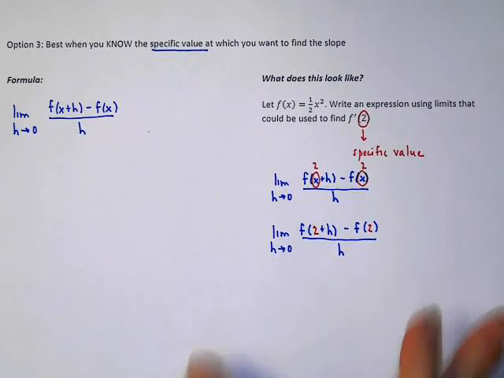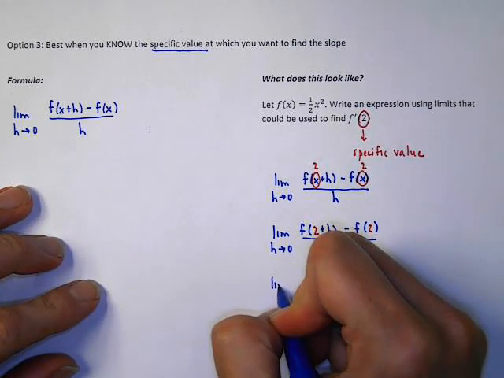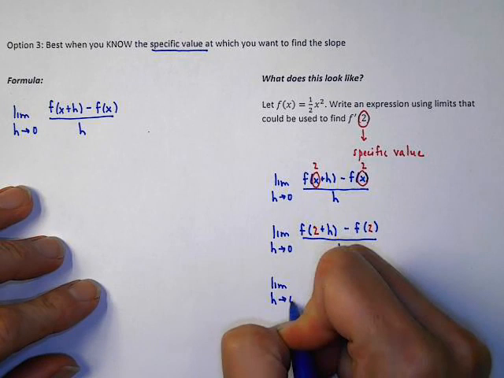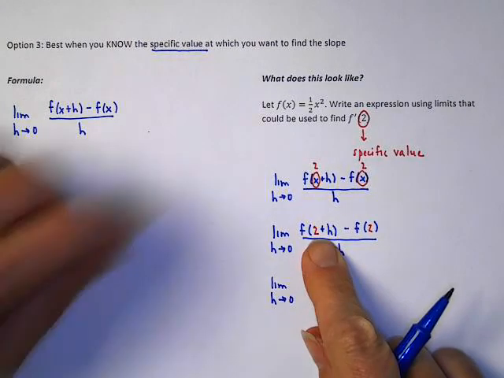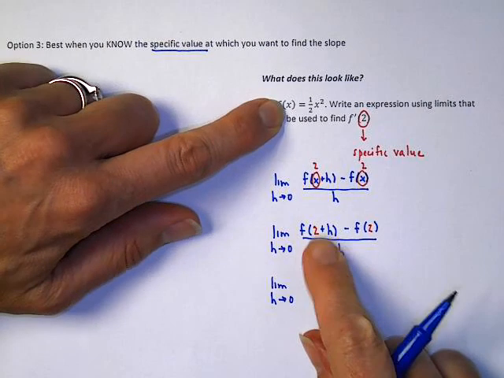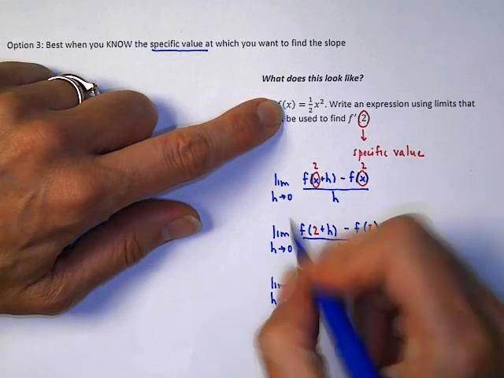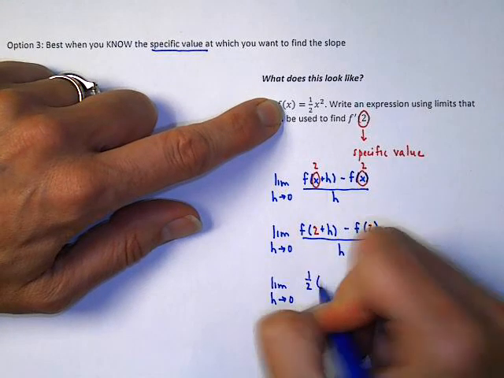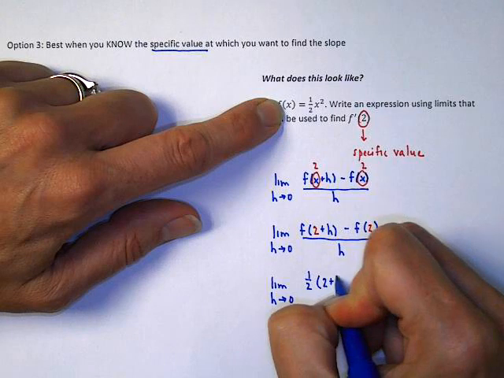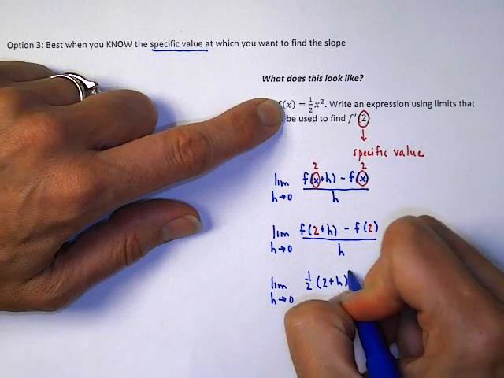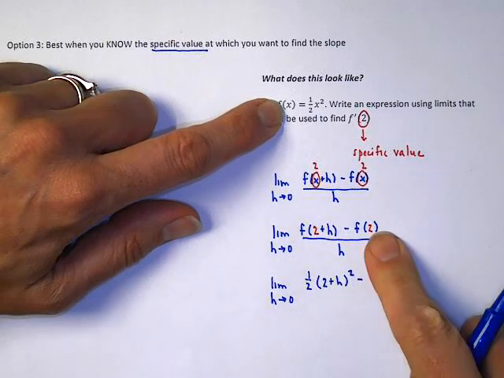And so now I'm going to do what I can with this. Now I have the limit as h approaches 0. This f of 2 plus h says wherever I used to have an x, substitute 2 plus h. So this turns into 1/2 times the quantity 2 plus h squared minus f of 2.